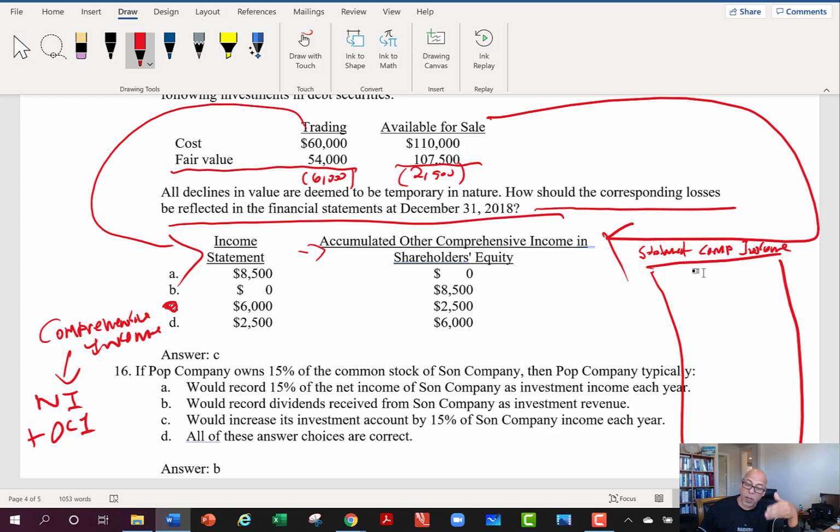So when we do a statement of comprehensive income, we have to report, and of course we report our net income: the revenue, expenses, non-operating items. And our non-operating items would be this loss on this trading security. So that's going to be what? $6,000. That's a loss, right? And so our net loss that's reported would be this 6,000.